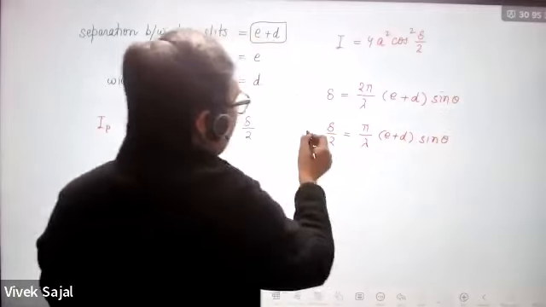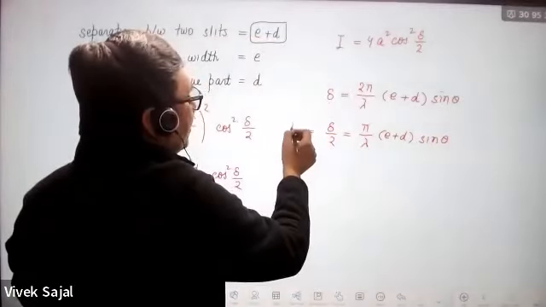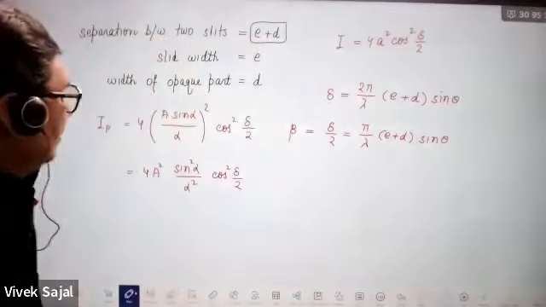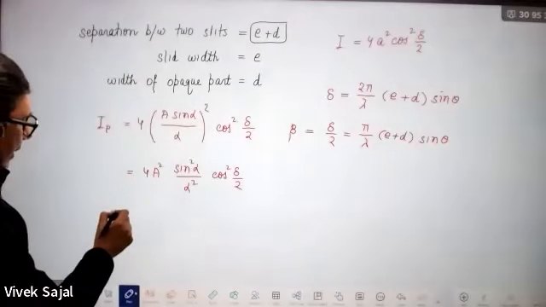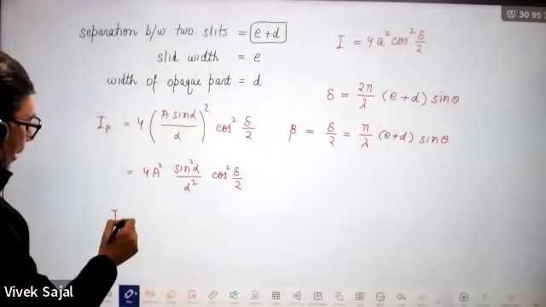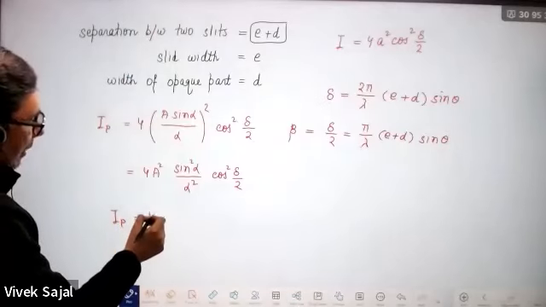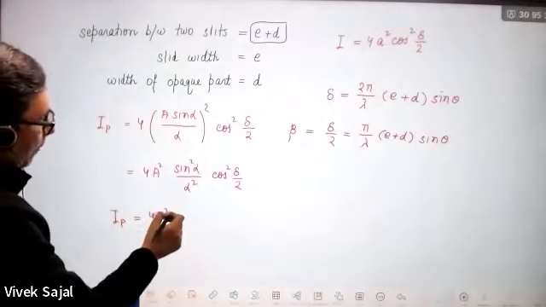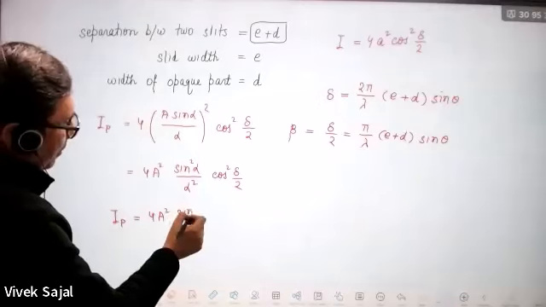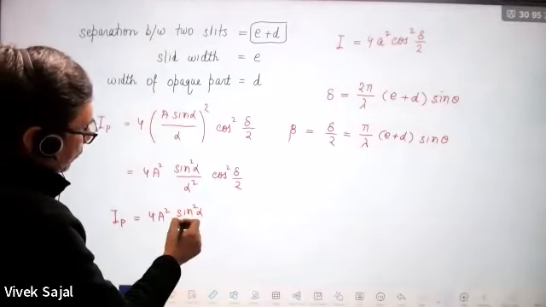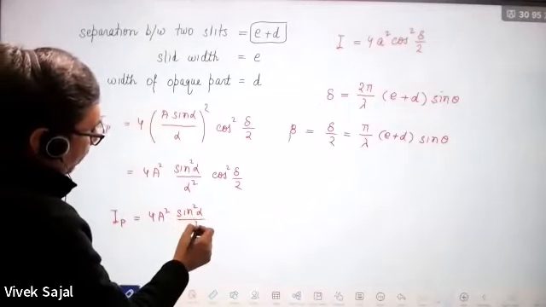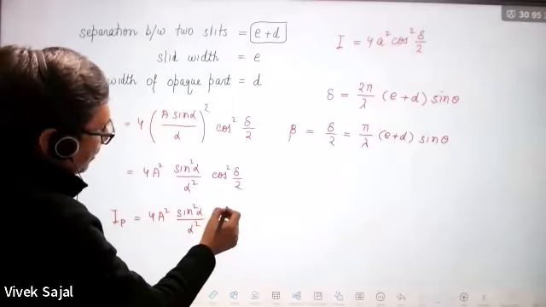And I assume this delta by 2 as beta. So what will be the intensity at arbitrary point P? That will be 4A square sine square alpha upon alpha square, and this will be cos square beta.